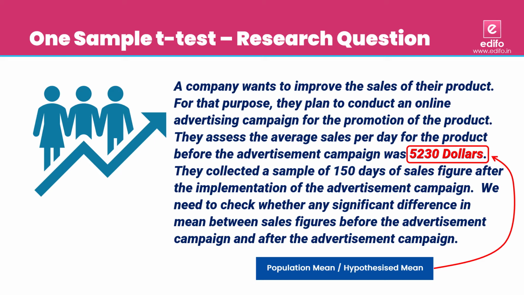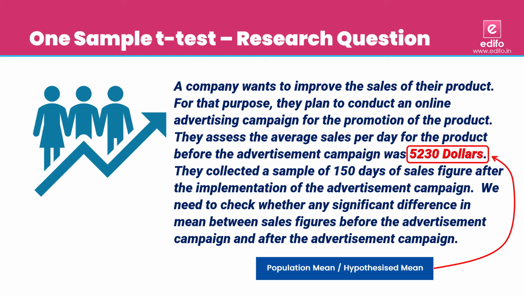So the procedure is we are going to compare these two means, that is the 150 days sales figure mean and the hypothesized population mean, $5,230, to check whether there is any significant difference between these two means. If there is a significant difference, we can conclude the influence of the advertisement campaign. If there is no difference, again we can conclude about the influence of the advertising campaign. So this is our research question.